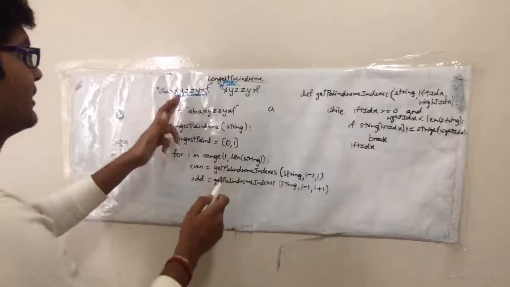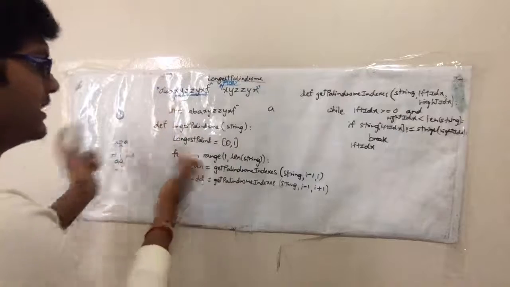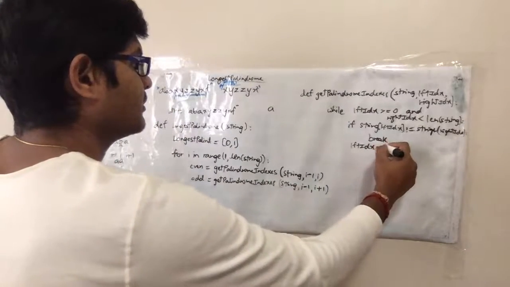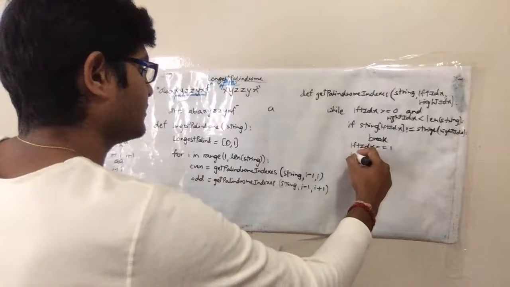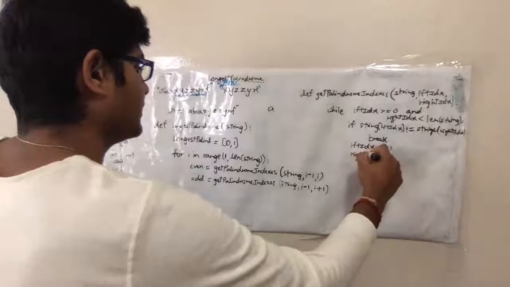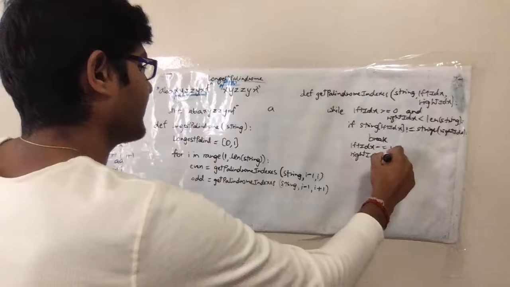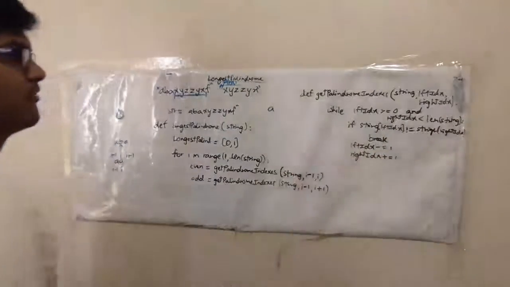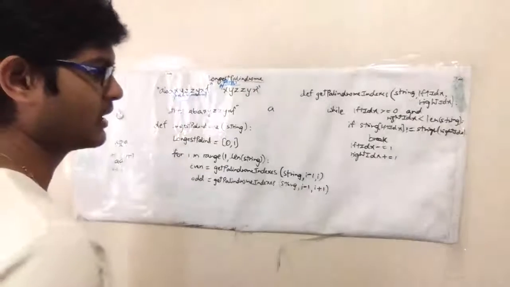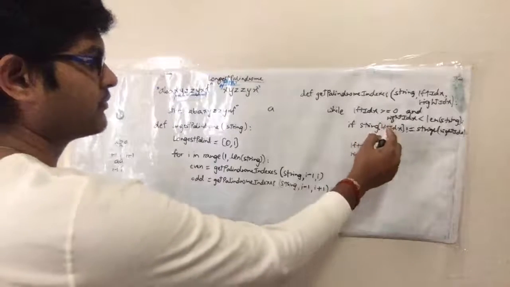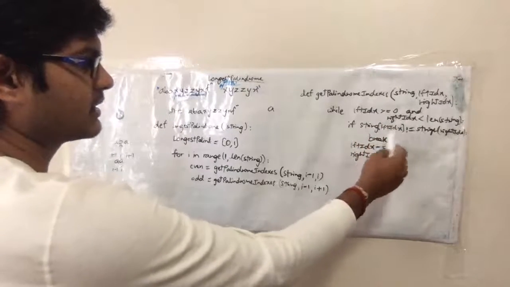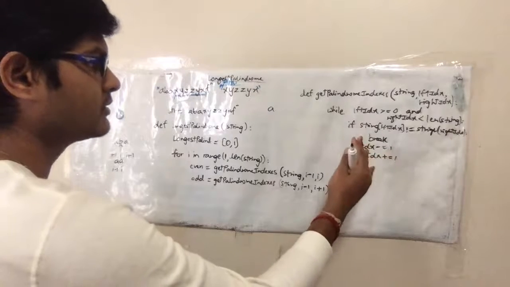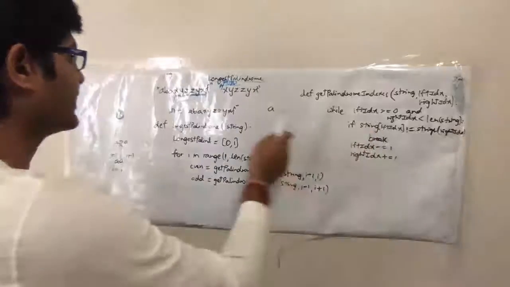That is, the left index will be decremented and right index will be incremented. So the while loop will break either if the characters are not equal on the left and right index, or this checking has been completed.